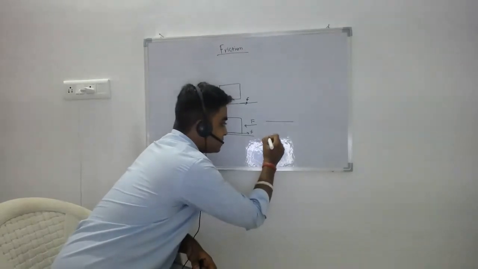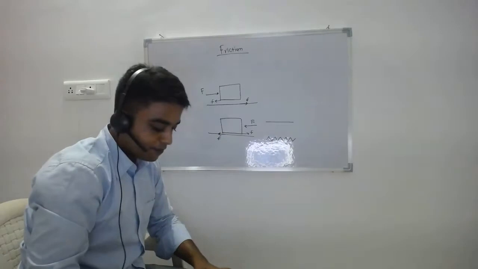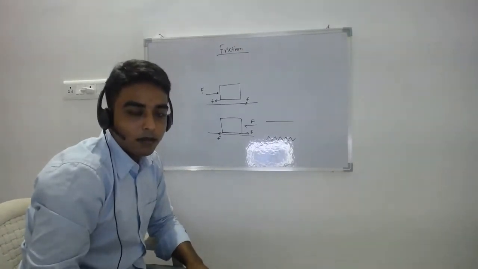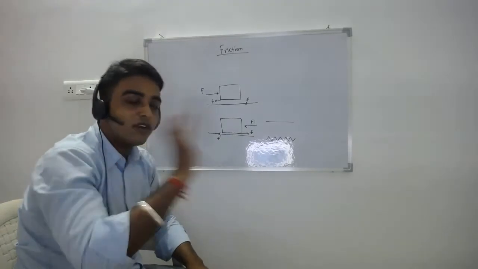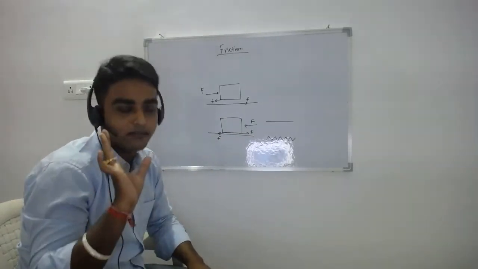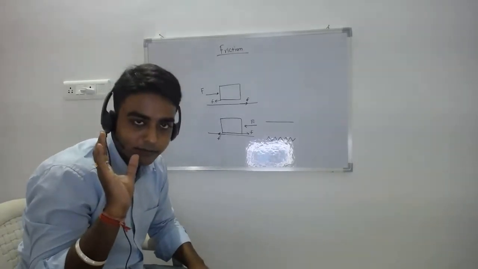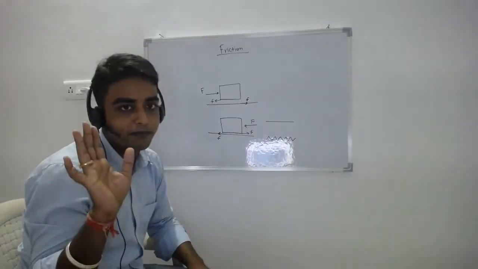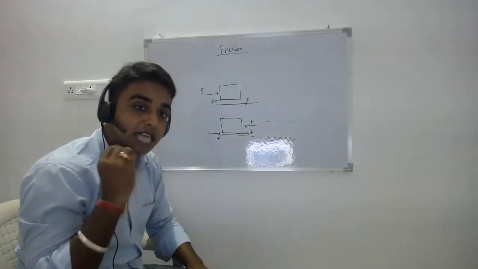It has some zigzag shapes if it is rough, and in this world, every surface is rough. A smooth surface is just a hypothesis. All surfaces are rough, which means friction is everywhere.